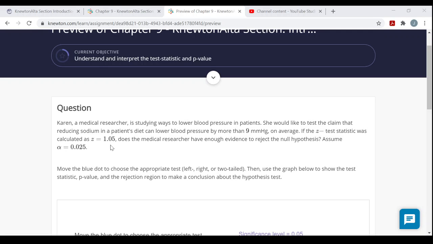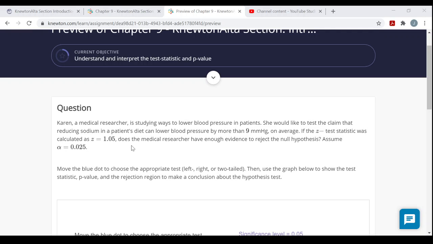Remember, you take a sample, and here we're talking about means, averages. You would take the sample mean and then find the z-score of that sample mean in the distribution of the sample means, the distribution of x bars. But we're not getting into all that. They gave it to us here: the test statistic is 1.05. We're eventually going to see a video where we have to calculate this ourselves.